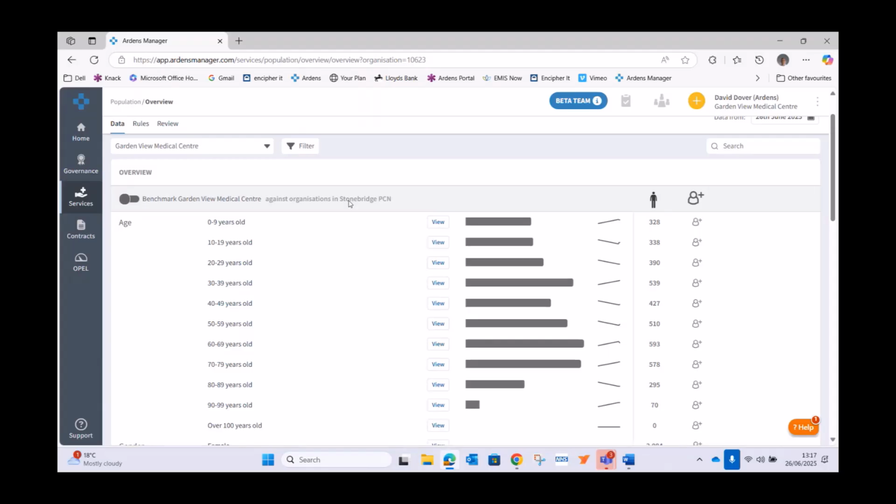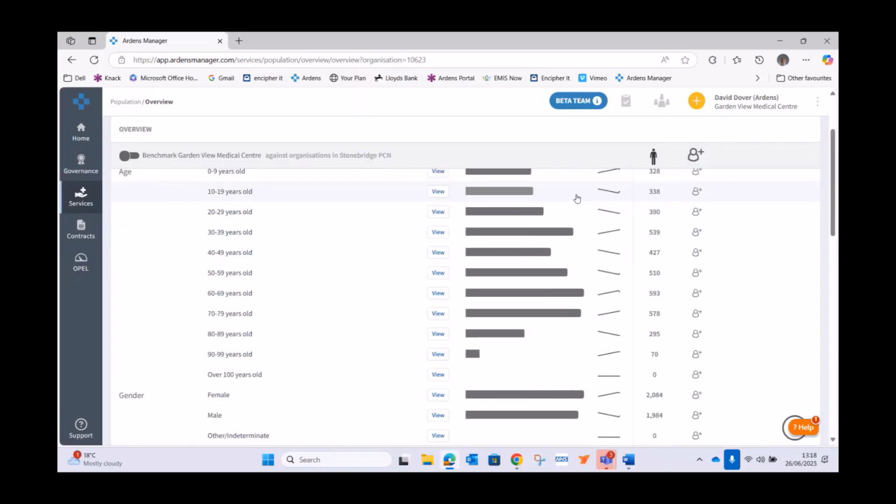It obviously means we're going to need more nursing time for things like childhood immunisation clinics. Have we got the correct skill set within our practice to deal with that uptake, to deal with that uplift in workload as well? So just at a very quick glance, I know where we are with all of these age ranges within our practice. Again, I guess it goes without saying really, but if there's been that sort of increase in elderly patients, what does that mean to my practice?